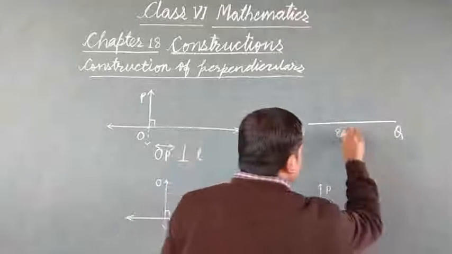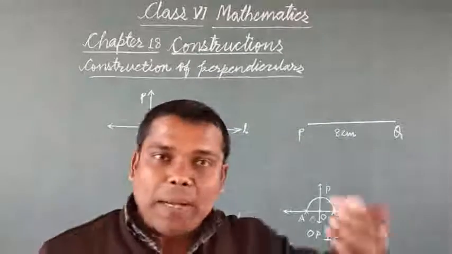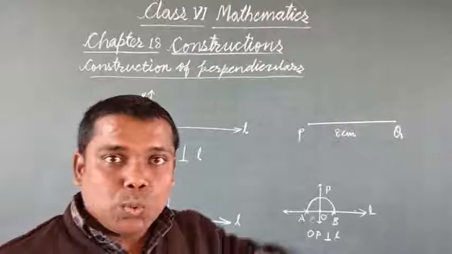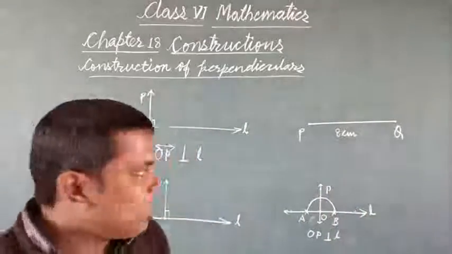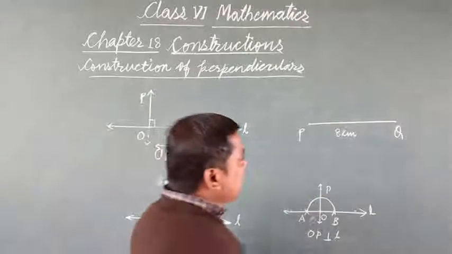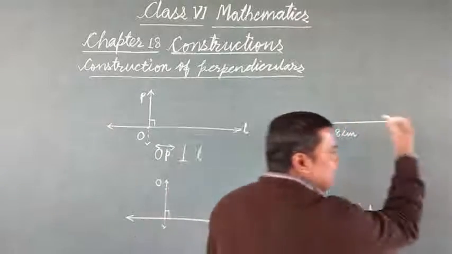I have to draw a perpendicular line on this line segment which bisects it into 2 equal halves, that is 4 centimeter this side, 4 centimeter that side.